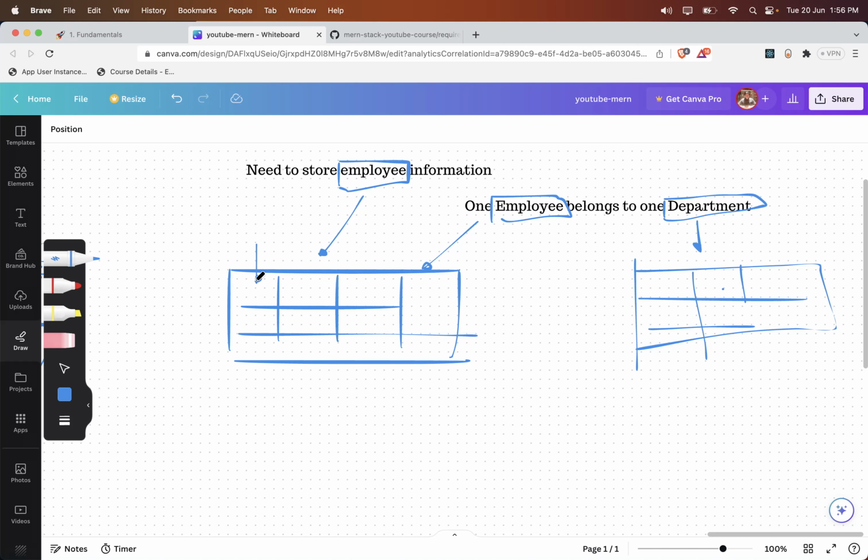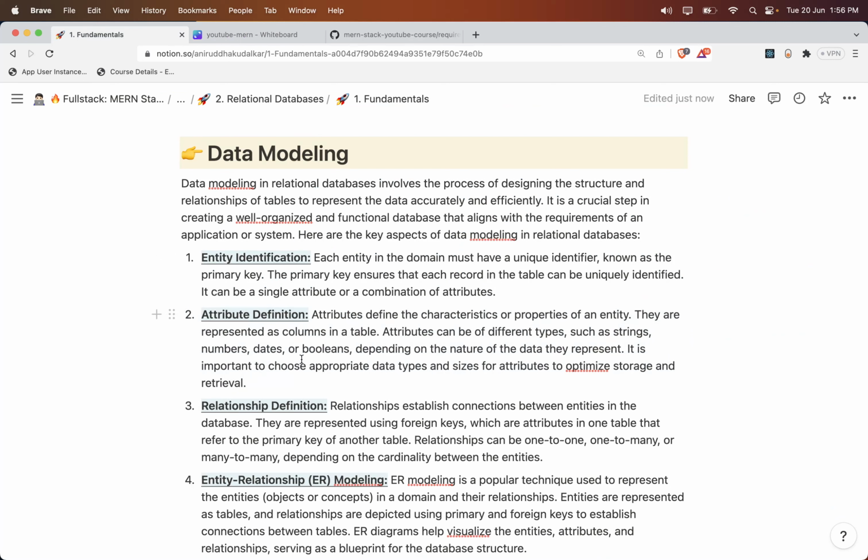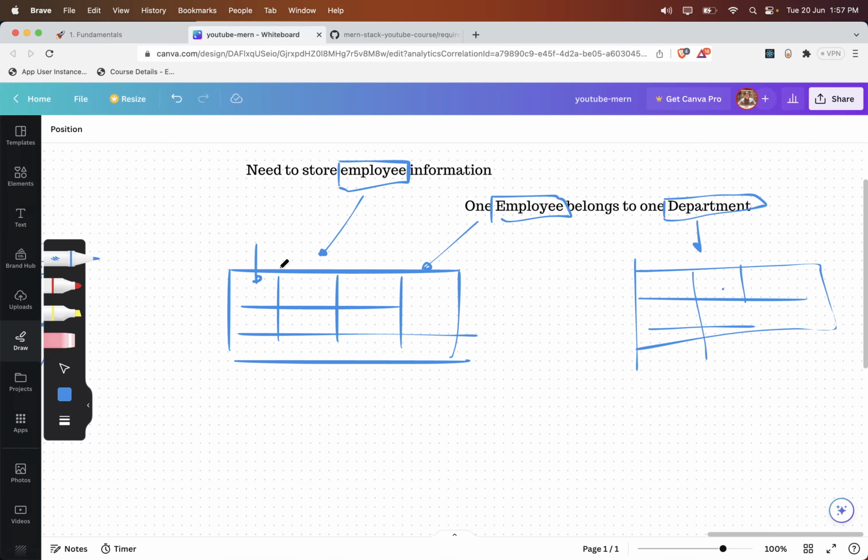These are the attributes. Remember that. And these attributes would have different types, such as strings, numbers, dates, depending on what data they represent. Age is a number. DOB is a date, like that. So you need to define the attributes. The attributes we have seen are the columns.